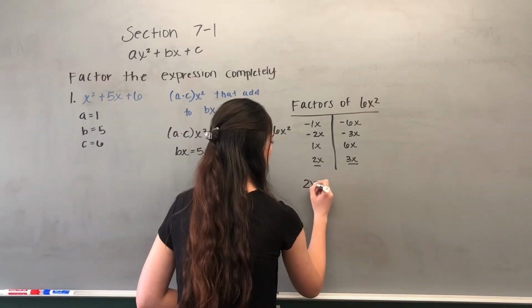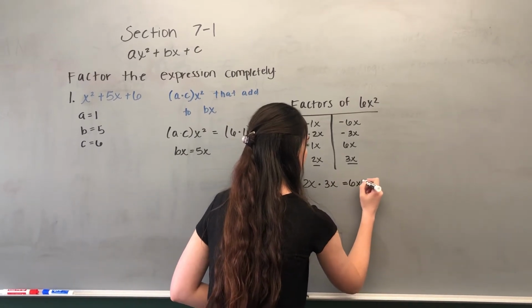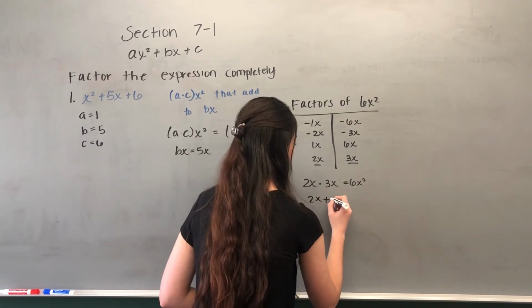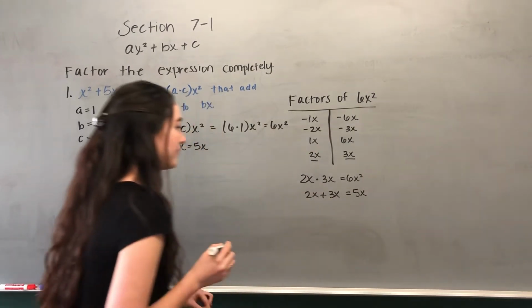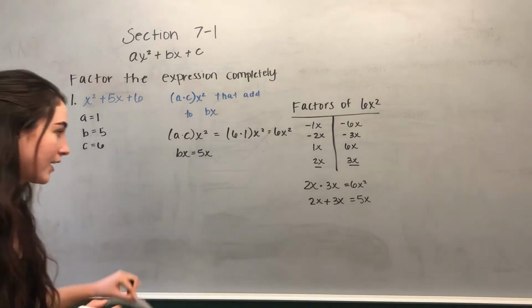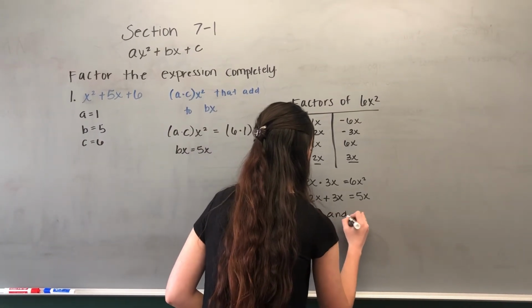So we know 2x times 3x equals 6x squared, right? And 2x plus 3x equals 5x. So we found our factors of a times c x squared that add to be 5x. And they are 2x and 3x.